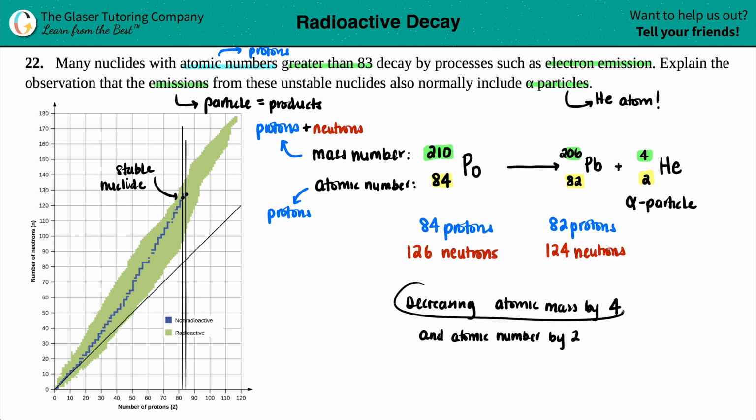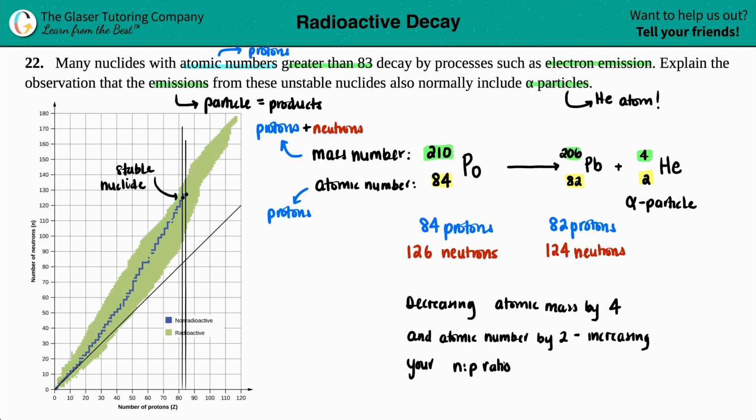So you're decreasing your atomic mass by 4, 210 to 206, and atomic number by 2, 84 to 82. And because you're doing this, there's something called an NP ratio. And what's happening is you are increasing your NP ratio. And NP ratio is your neutron to proton ratio.